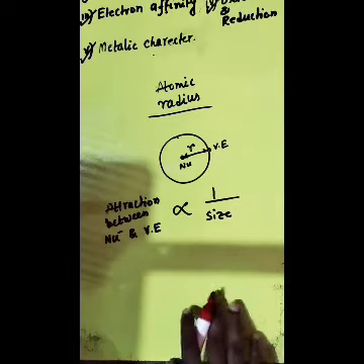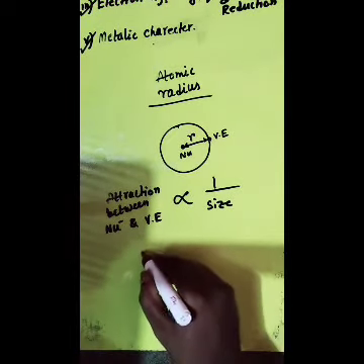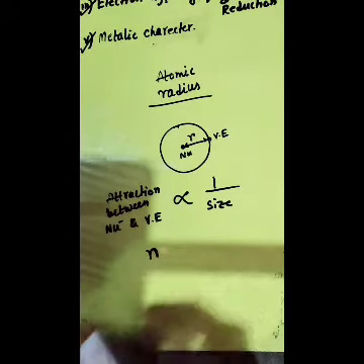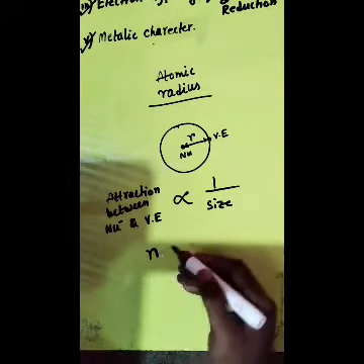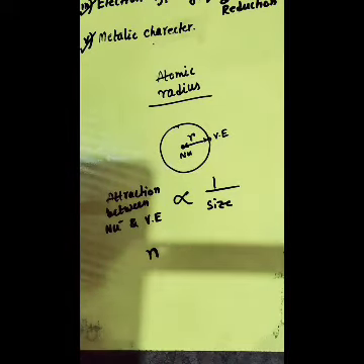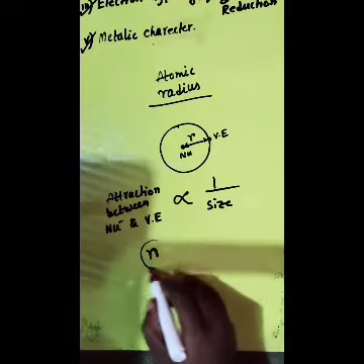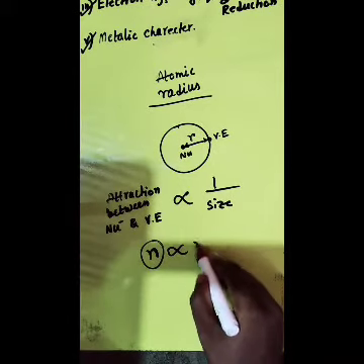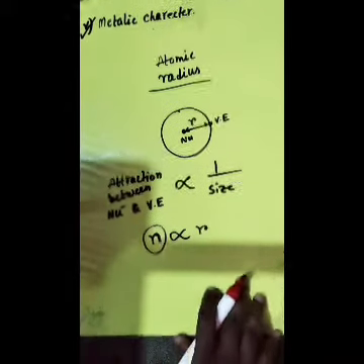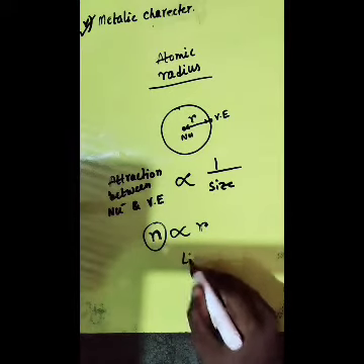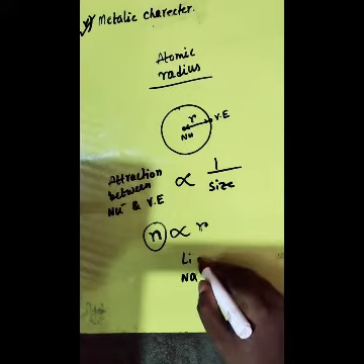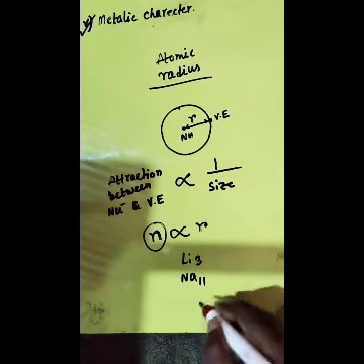If the principal quantum number of the valence electron, that is n, increases, then the atomic radius increases. So the principal quantum number of the valence electron is directly proportional to the radius. For example, consider lithium and sodium. Lithium has 3 electrons and sodium has 11 electrons.